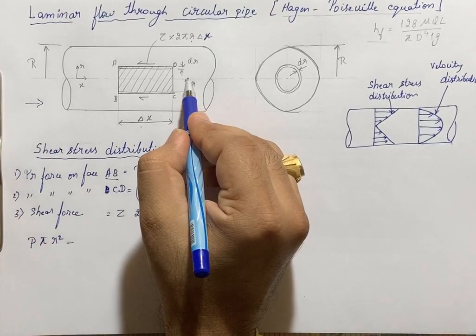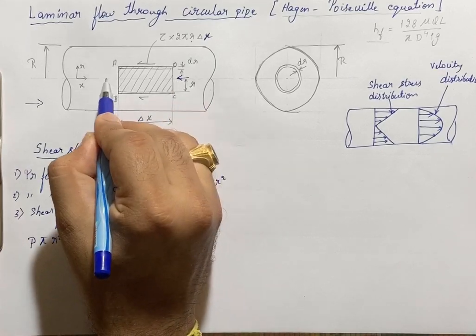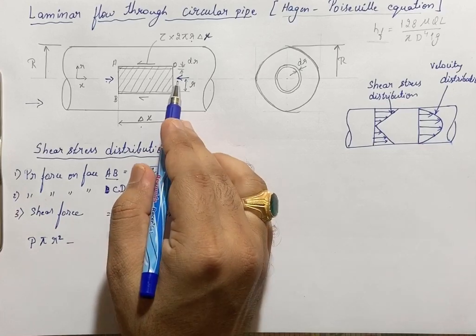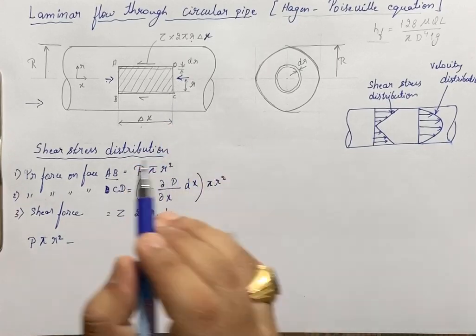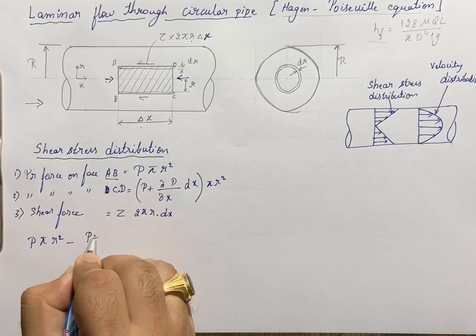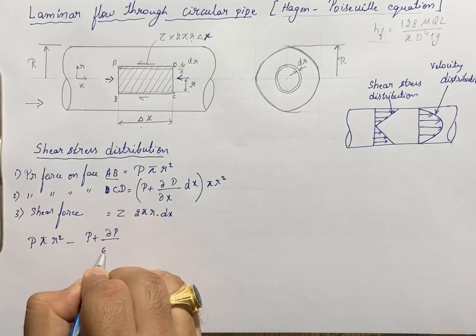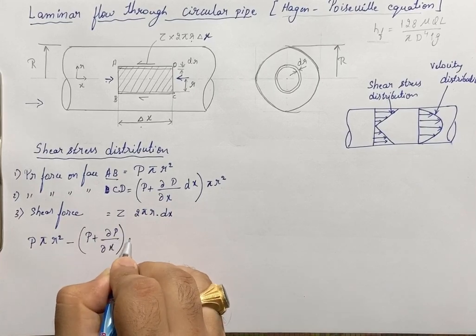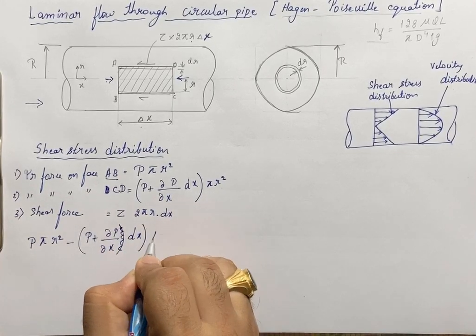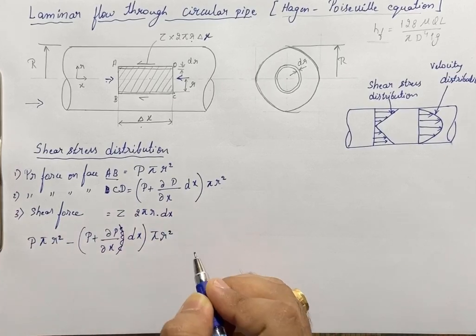Another force is acting in the opposite direction, so I will write it as negative: minus P plus dou P by dou x into dx whole, into pi r square.